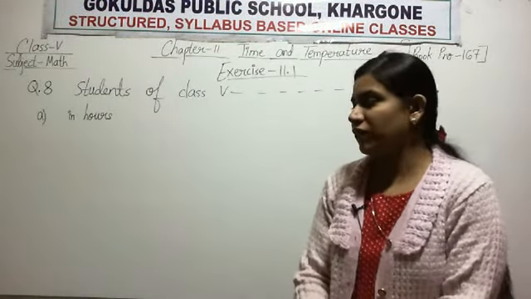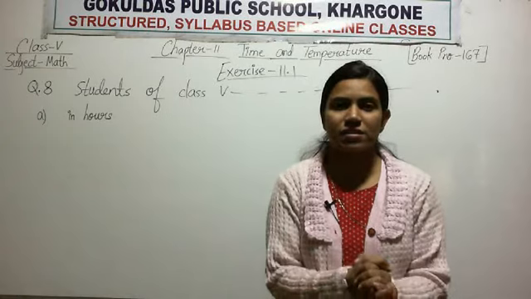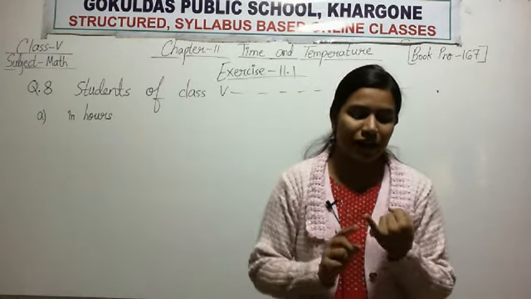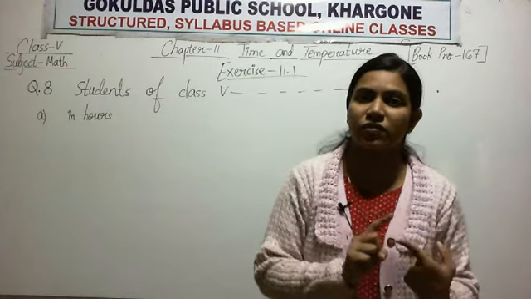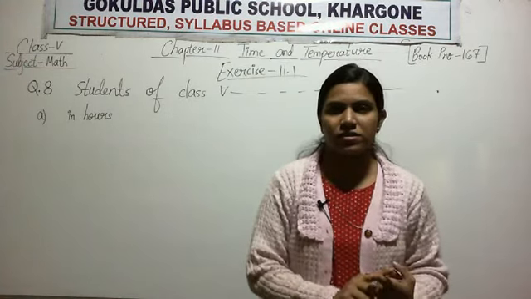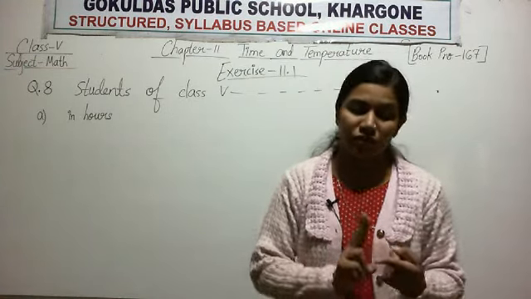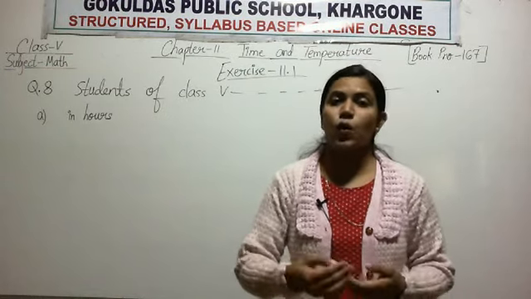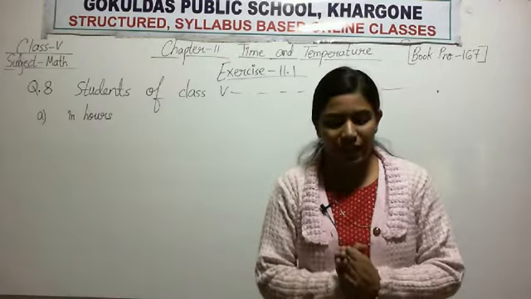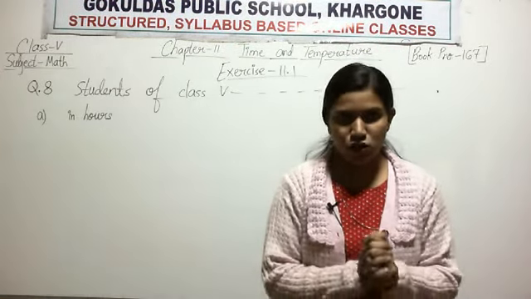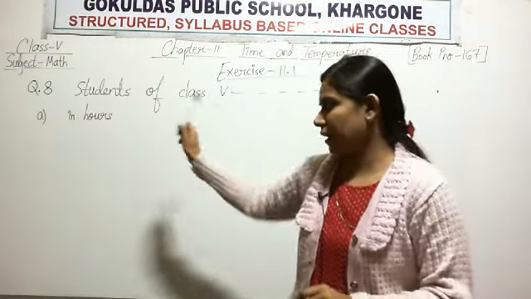Means given time is 15 days. Now you need to convert, part A, B, C. 3 parts are given. In part A you need to convert 15 days into hours. In part B you need to convert 15 days into minutes, and in part C you will convert 15 days into seconds. So let us start doing part A.